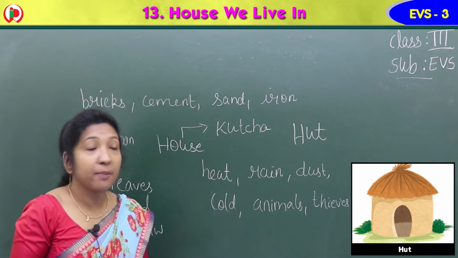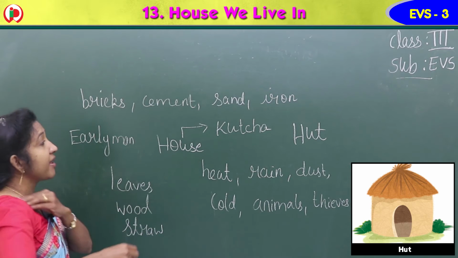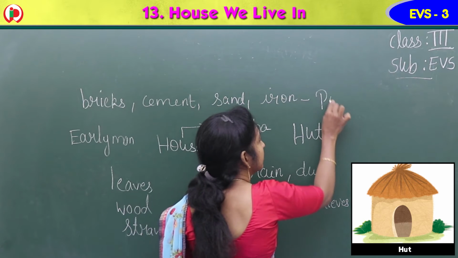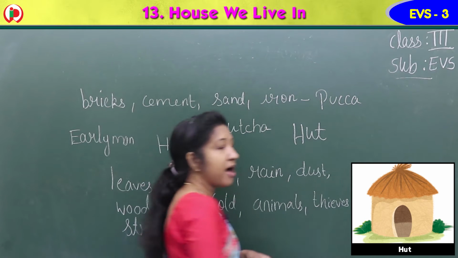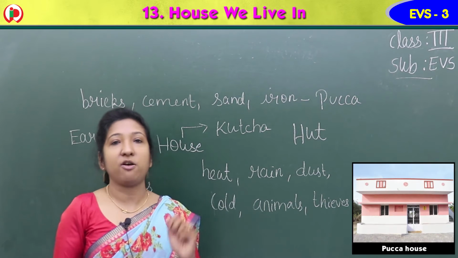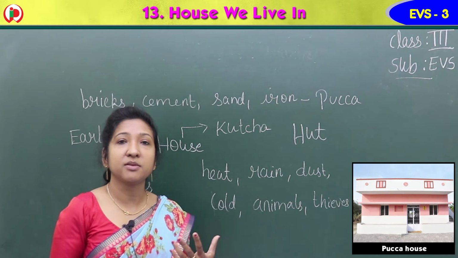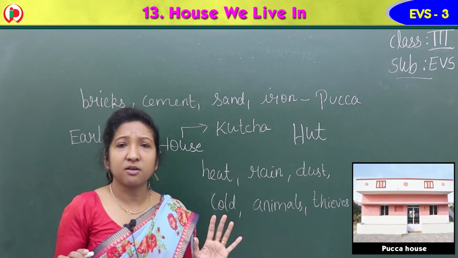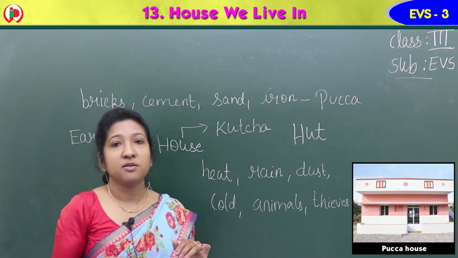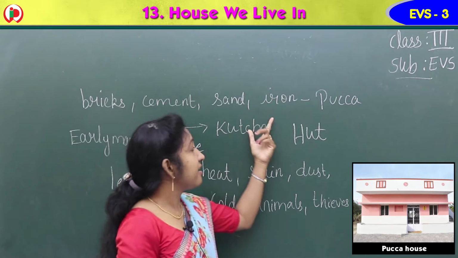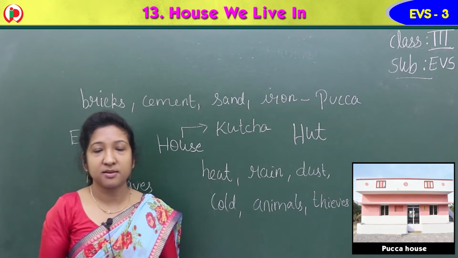A house made of bricks, cement, sand and iron is called a pakka house. P-U-C-C-A. Pakka house is strong. If heavy rain or wind comes, it won't get broken.